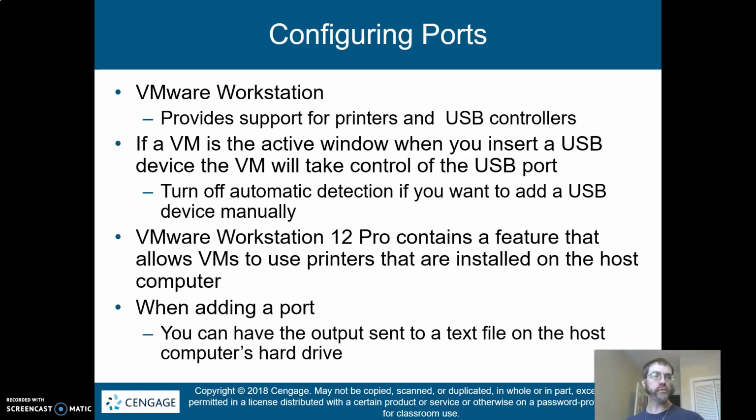For example, USB controllers. VMware Workstation has a virtualized USB controller of its own that you can use to attach USB devices. Say, for example, our portable USB DVD drive, the thing I was talking about in a previous video.